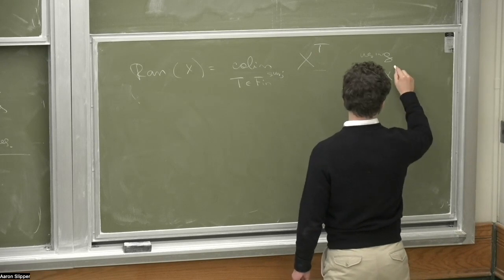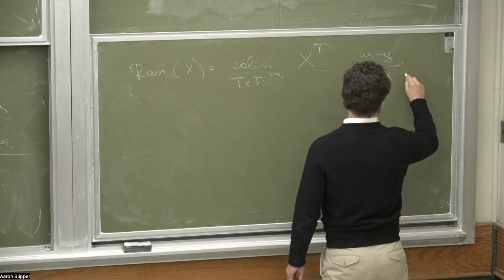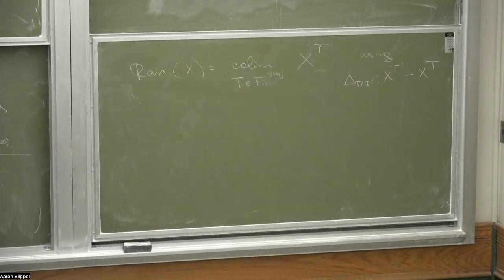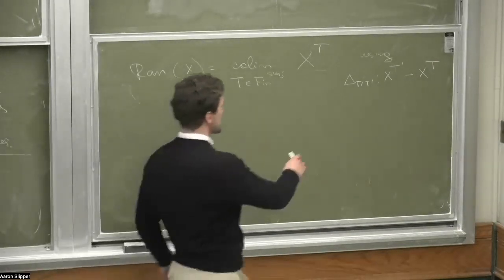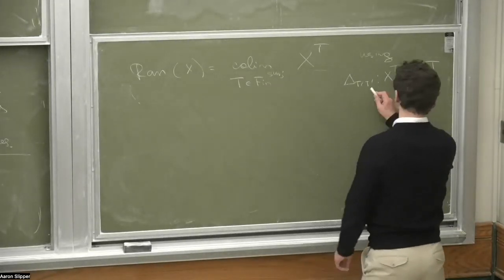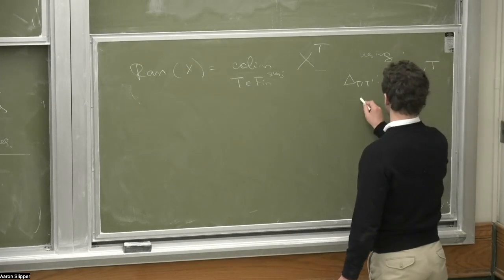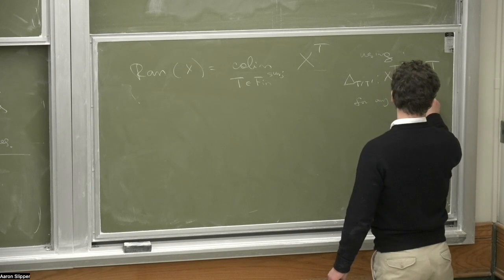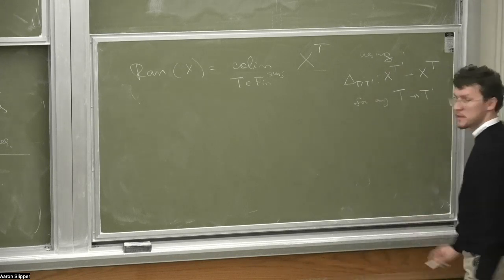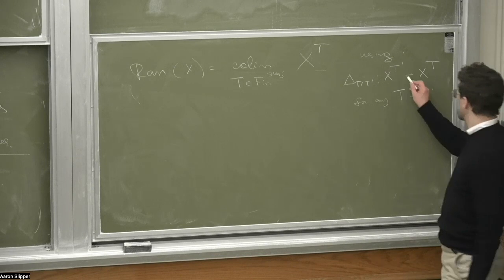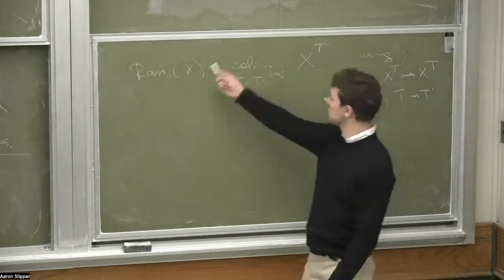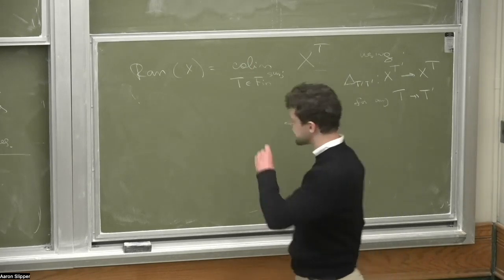So for any surjection, that is the diagonal inclusion, closed embedding, and you take the colimit in prestacks.